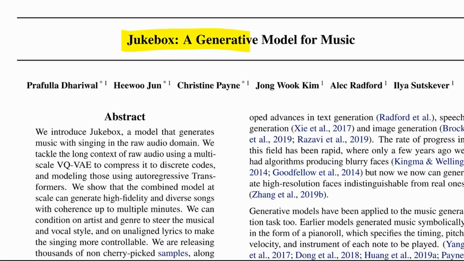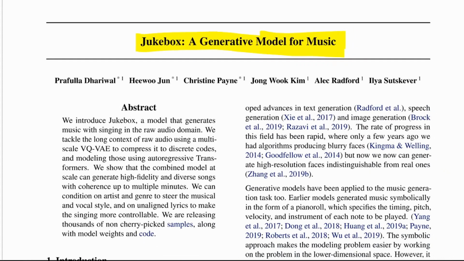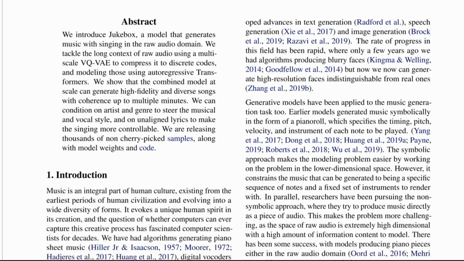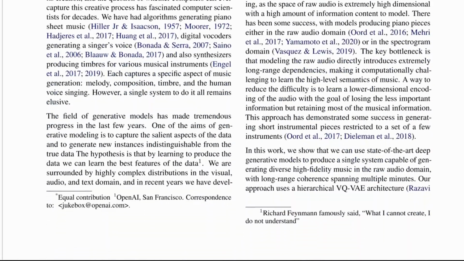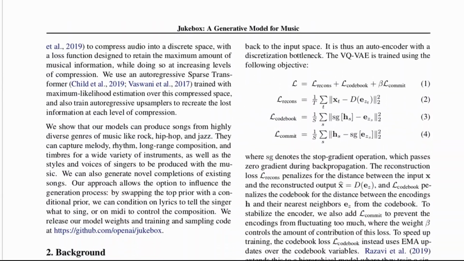It's called Jukebox, a Generative Model for Music, and it's by Prafulla Dhariwal, Heewoo Jun, Christine Payne, Jong Kim, Alec Radford, and Ilya Sutskever of OpenAI. So the model here is not very novel, but I think the way they set it up makes a lot of sense, and we'll quickly go through it and look at what comes out of this.